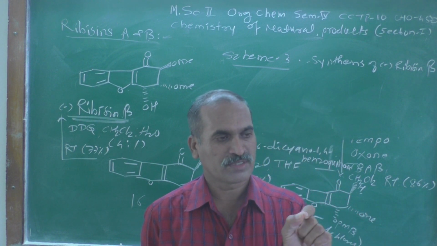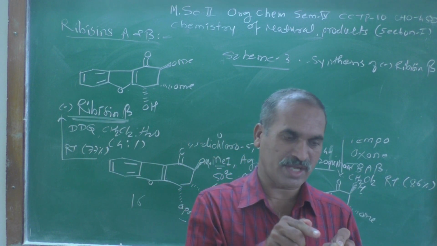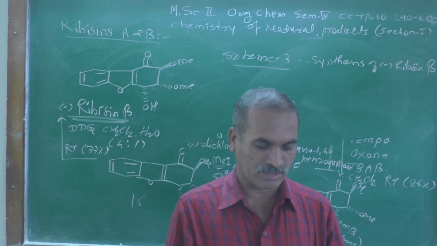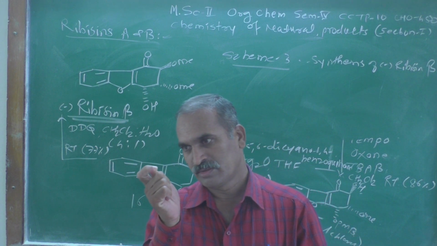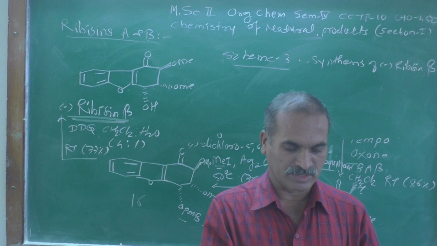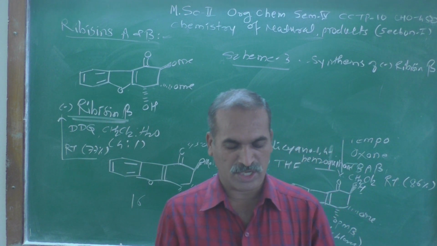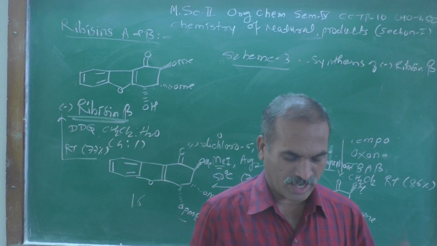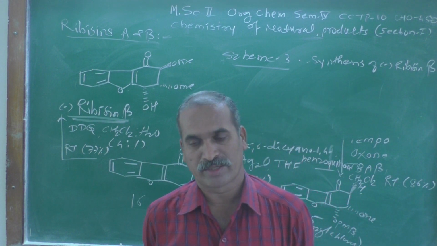Regio means at a particular region that reagent is attacking and we are getting the expected or desired product only. Only at that region the reagent is attacking, and that type of terminology is called regioselective O-methylation, and alcohol oxidation to form a ketone were required.